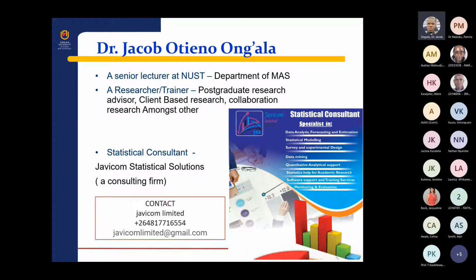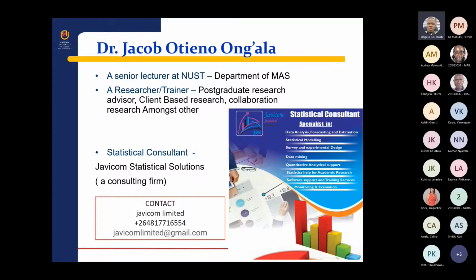Some of the activities that are done in my statistical consultancy firm are listed in this flyer here. We do several activities that are touching on statistics, ranging from data analysis, forecasting and estimation, statistical modeling, survey and experimental designs. If you want to design your survey, you want to design your experiments, we can help in that.